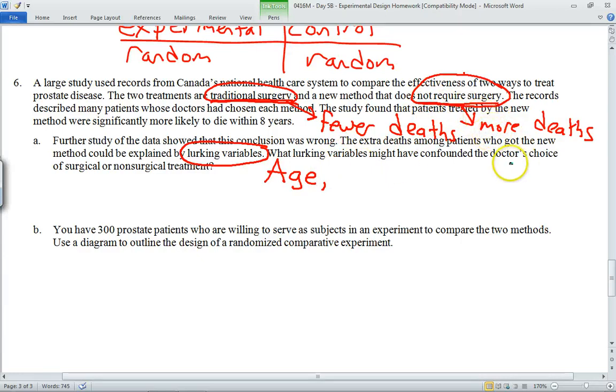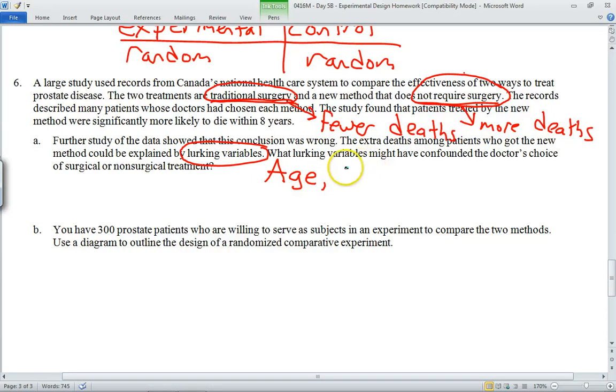And if those people wind up dying, it might not be because they chose this other method, it might be because they were weaker and more fragile and older in the first place, and that might explain why there were more deaths. On the other hand, the people that are getting the surgery, they were younger and stronger in the first place, so maybe that's why they don't die as often.